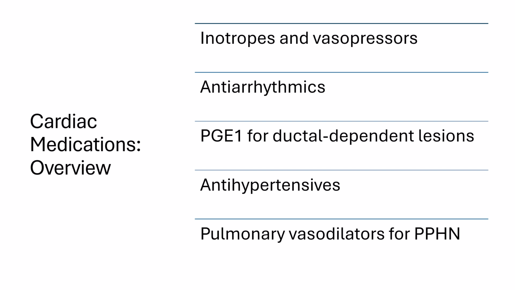You'll also see questions about antiarrhythmics, particularly adenosine for SVT. Questions about sildenafil and inhaled nitric oxide for pulmonary hypertension are also common. Many of these questions focus on dose-dependent effects or picking the right drug for a specific cardiac condition. So let's look at each key medication in detail.